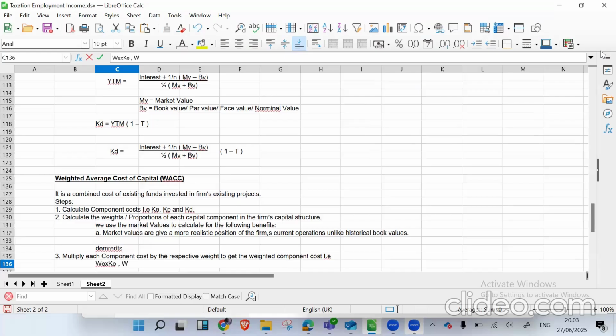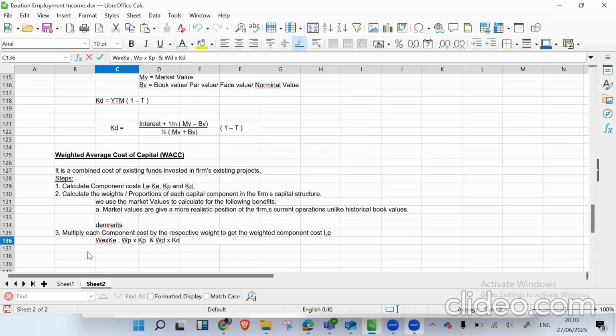We take weight of preference shares, we multiply by cost of preference shares. And we also take the weight of debt, multiply by cost of debt. W is for the weight.